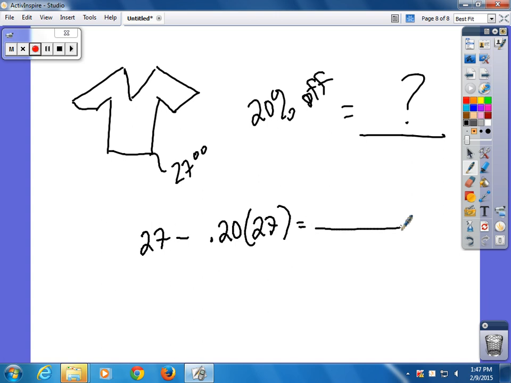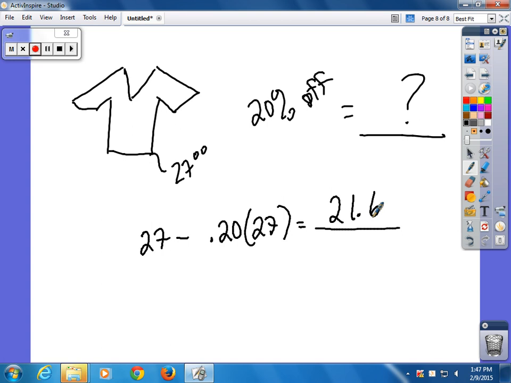You don't need a calculator for this, because 10% of 27 is 2.7, and 20% would be 5.4. 5.4 off of this would be 21.6. So your answer should come out to be 21.6. Somebody check it with your calculator.